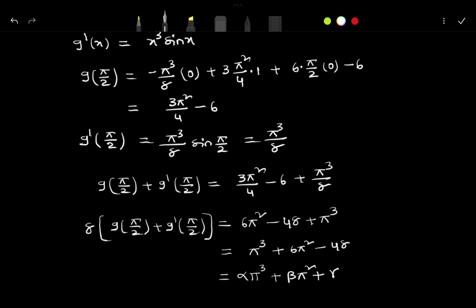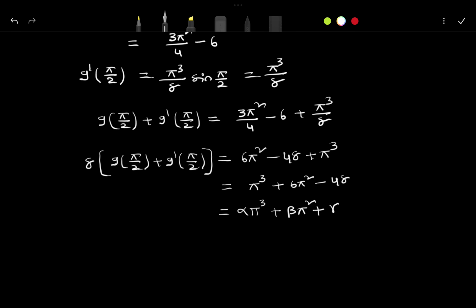So here this one is plus gamma. Then from this comparing, alpha is equal to 1 and beta is equal to 6 and gamma is equal to minus 48. So these are alpha, beta, gamma.